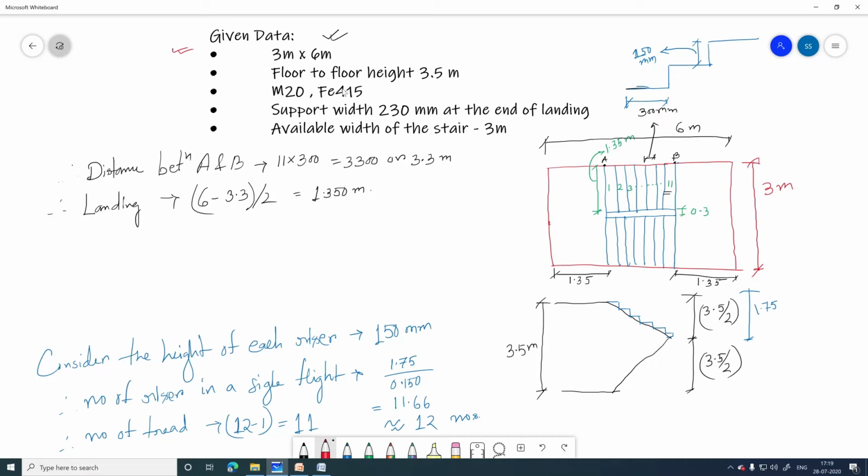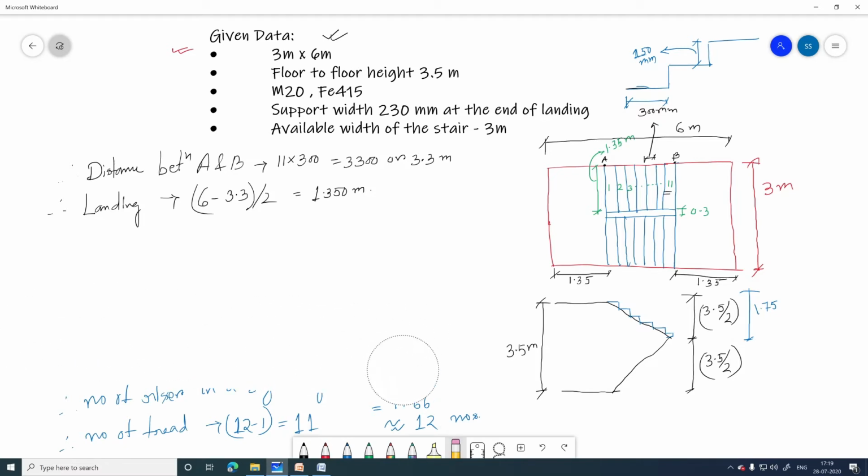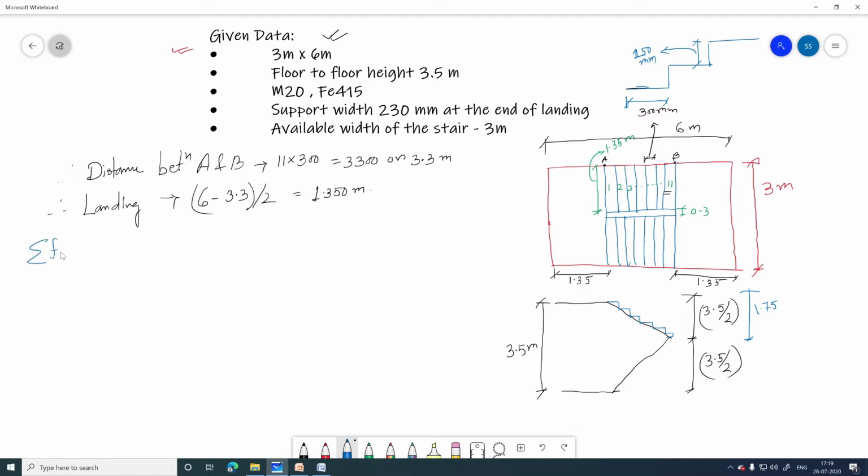The number of risers is okay. I am just removing this portion. Now what we need to do is determine the effective span.